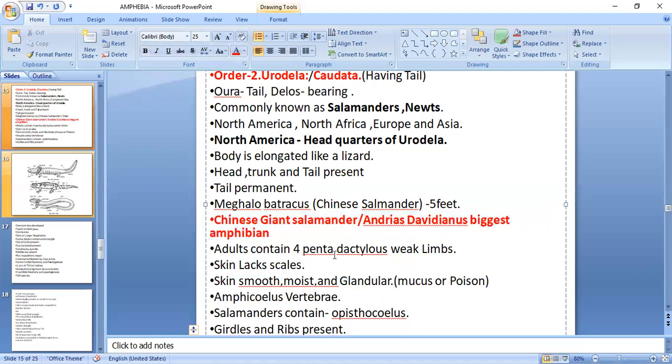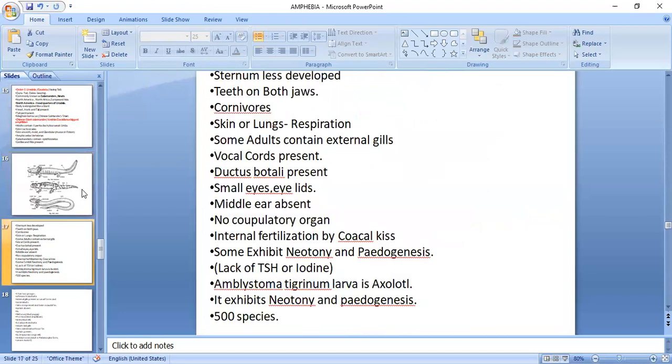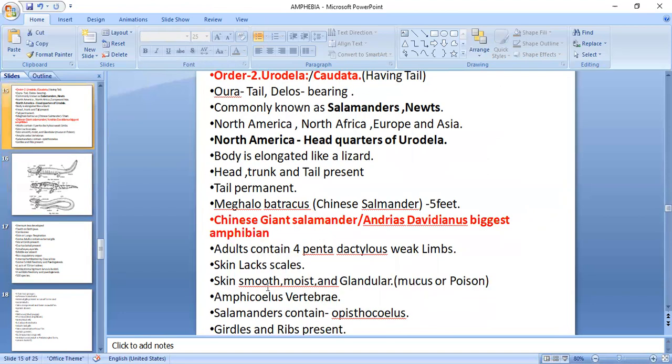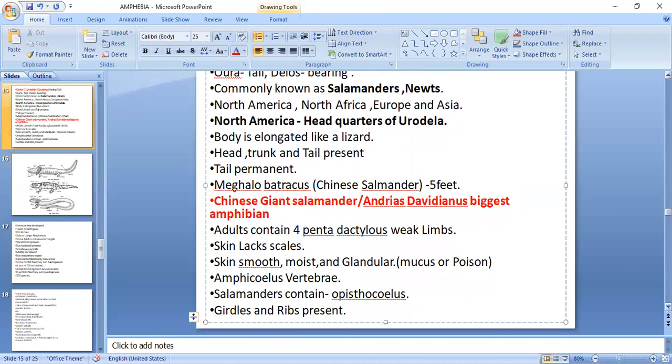Adults contain 4 pentadactylous limbs. If you observe these animals, the limbs are very big. Skin is smooth, moist, and glandular. Skin lacks scales. Amphicoelous type of vertebrae are present; these are not important.